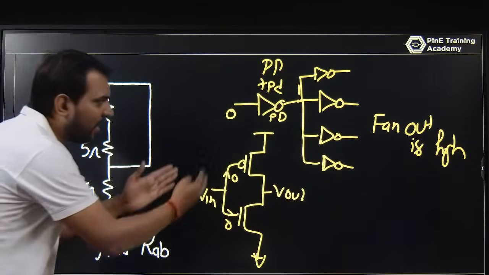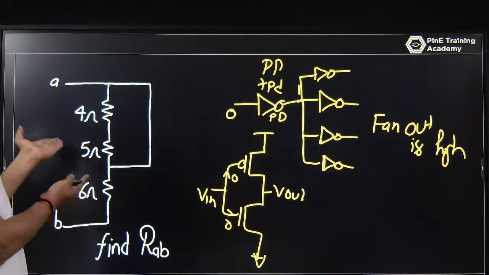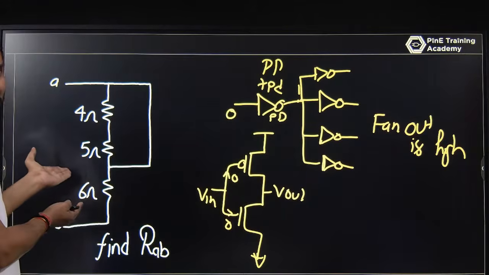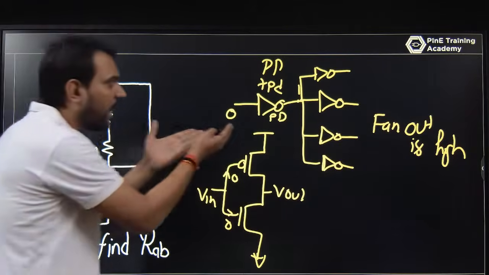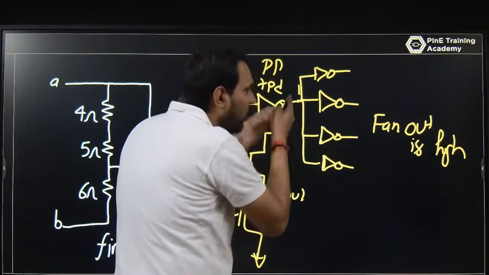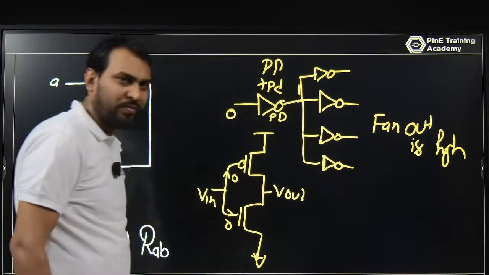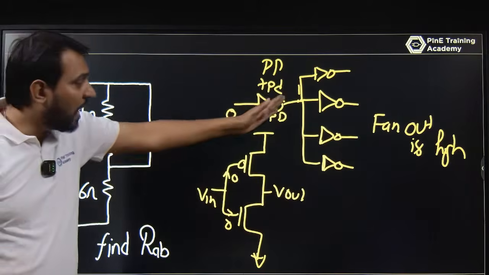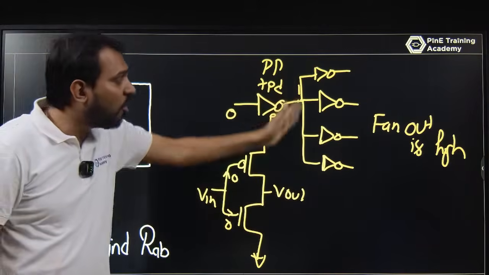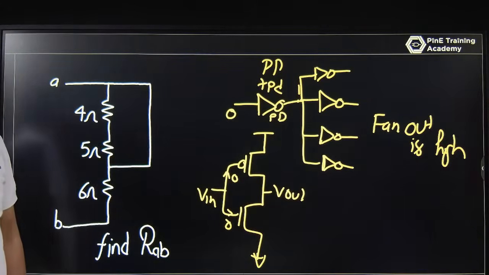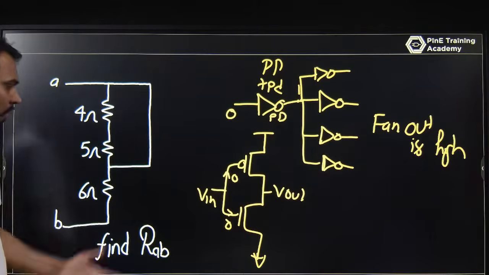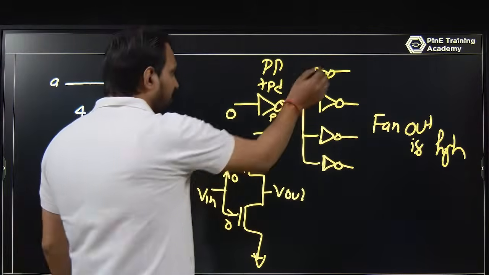You can connect these parts as an R equivalent only. So if you know the input impedance, you can determine the voltage. The maximum voltage is here, and their current is 0. So the output of the first inverter will be the same for all. Okay, so this is the way you can analyze.